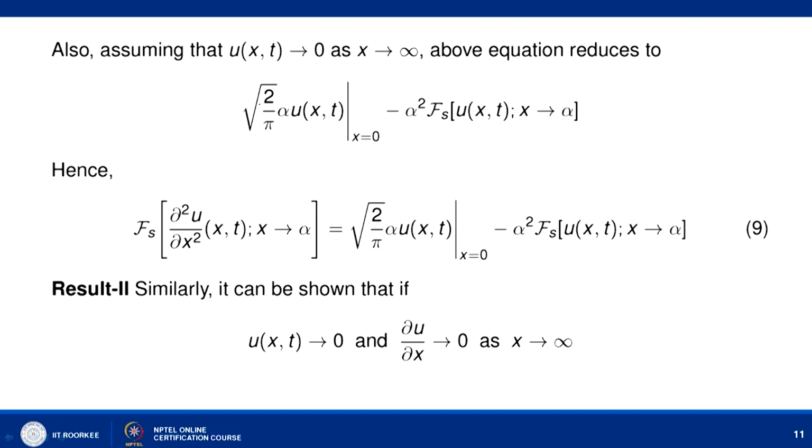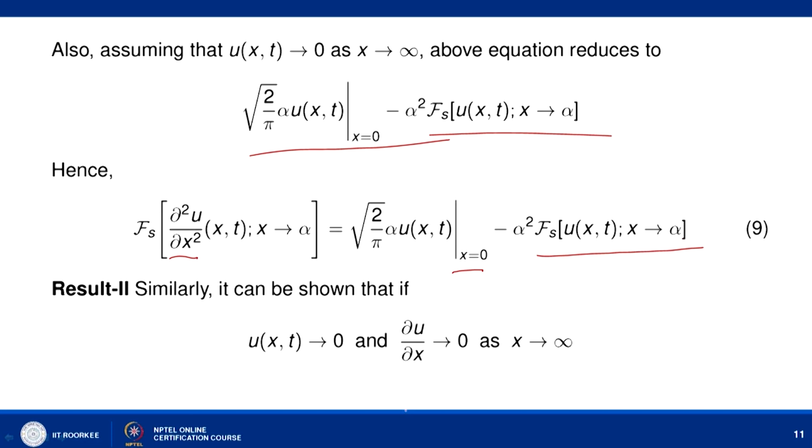So we can simply say that it is under root 2 upon pi, alpha, u(x,t) at x equal to 0, minus alpha square, Fourier sine transform of u(x,t). So using this value I can write the Fourier sine transform of ∂²u/∂x² is equal to under root 2 by pi, alpha, u at x equal to 0, minus alpha square Fourier sine transform of u(x,t).